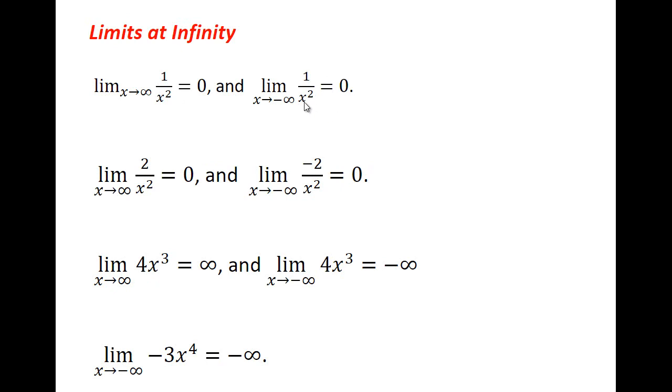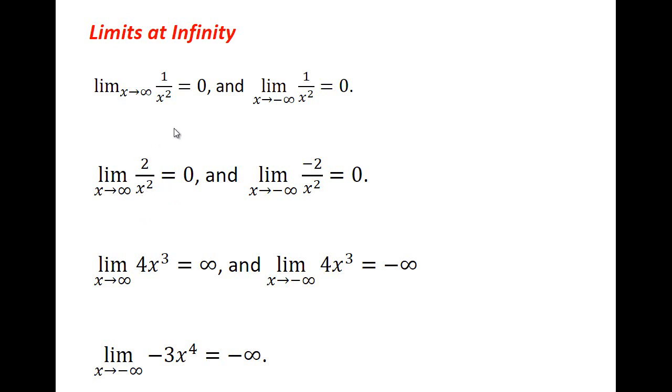Then this would be x to the power 20, and 1 over x to the 20 would be a number like 0.00001 with 20 zeros. So here we are saying as x decreases without bound, what is happening to this fraction?